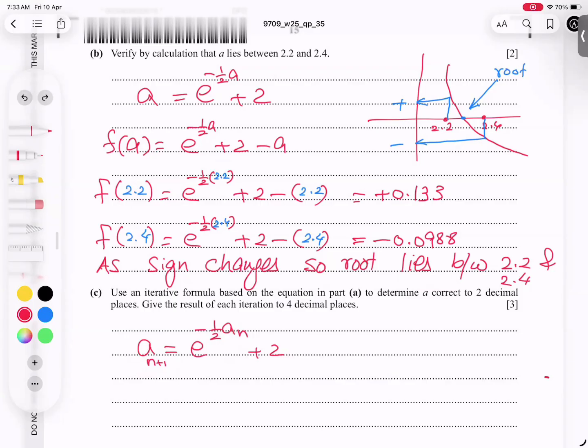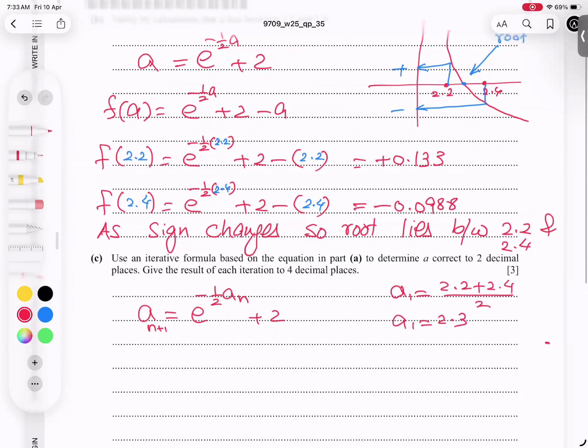And now I will start. Sometimes the initial value is given by him. If sometimes not given, then take the average of these two numbers, because the answer lies between these two numbers. So a1 value is 2.3. I'm going to plug in.